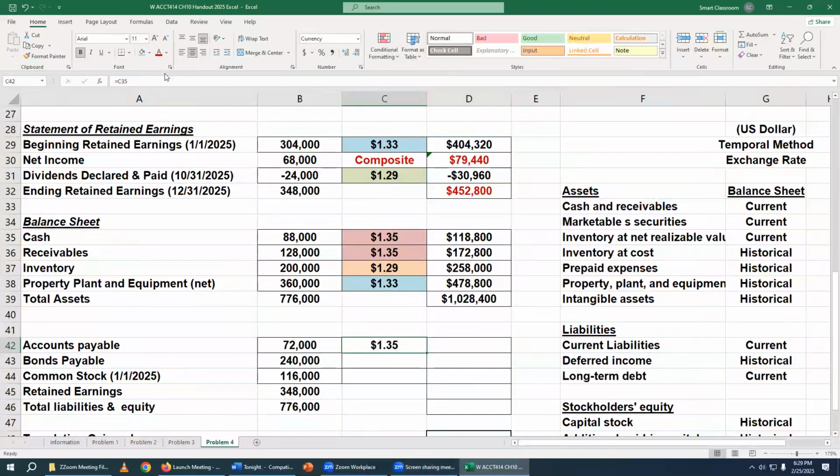Liabilities are virtually always year-end amounts. Common stock, beginning of the year, which is the historical, it could go back 5 years or 10 years or 20 years.